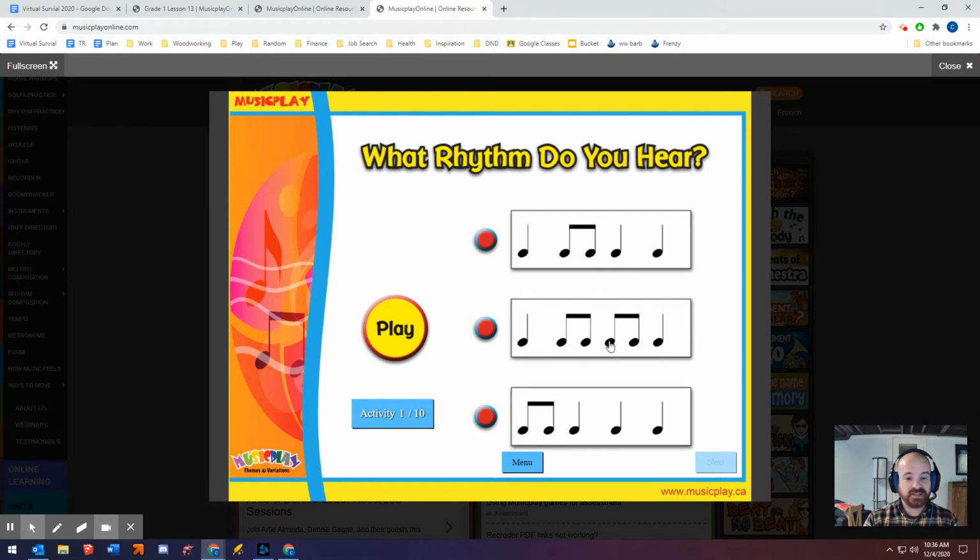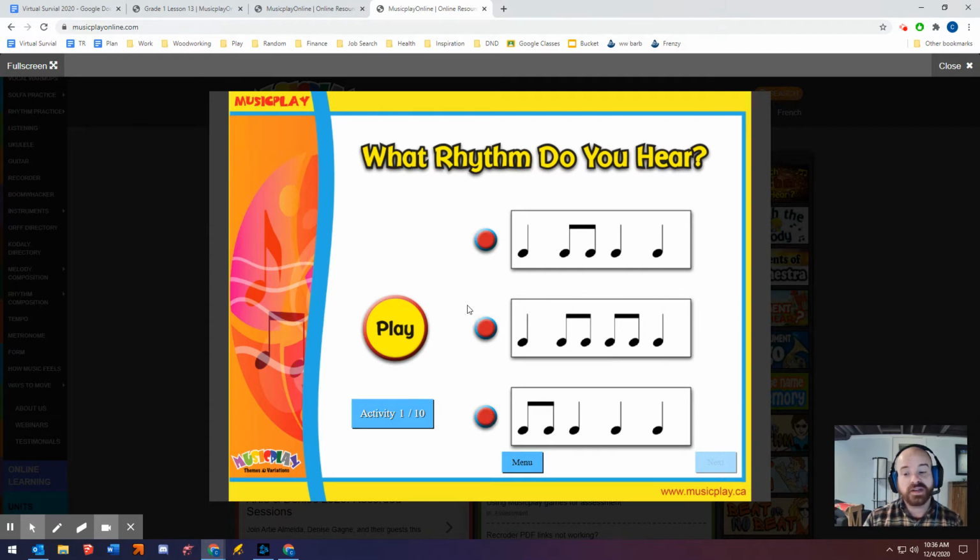Ta, ti, ti, ti, ti, ta. Ti, ti, ta, ta, ta. Now that we practiced it a few times, let's hear it again. Which one do you think it is? You think it's this one, or this one?